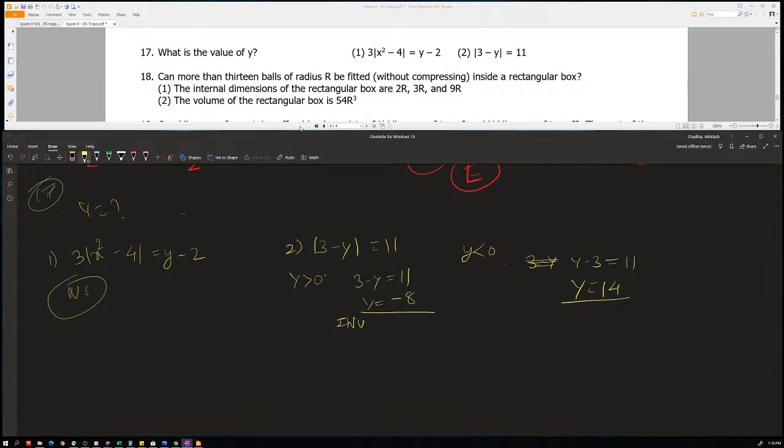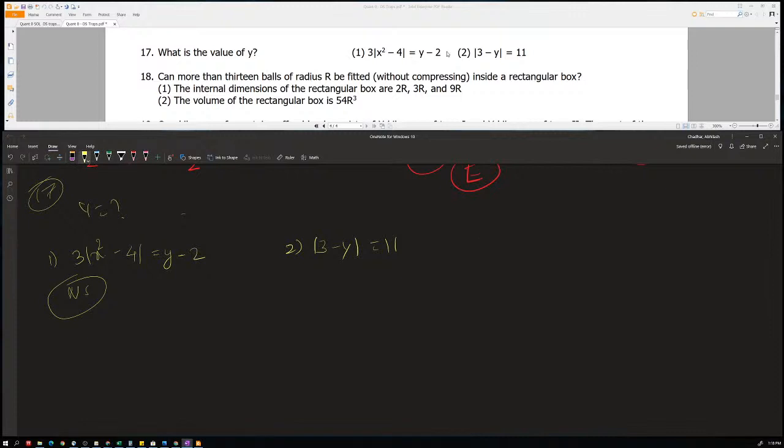Since the whole thing is inside the mod, this is actually not correct. We should not take it like this. It will give us wrong, invalid solutions.